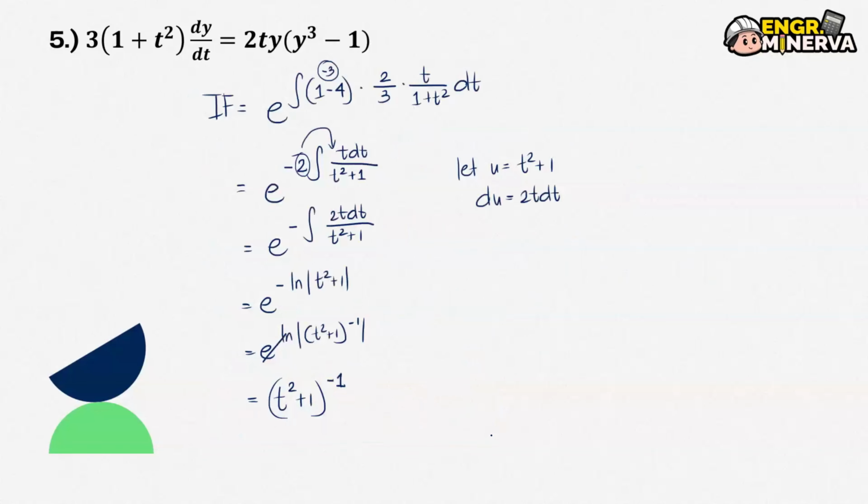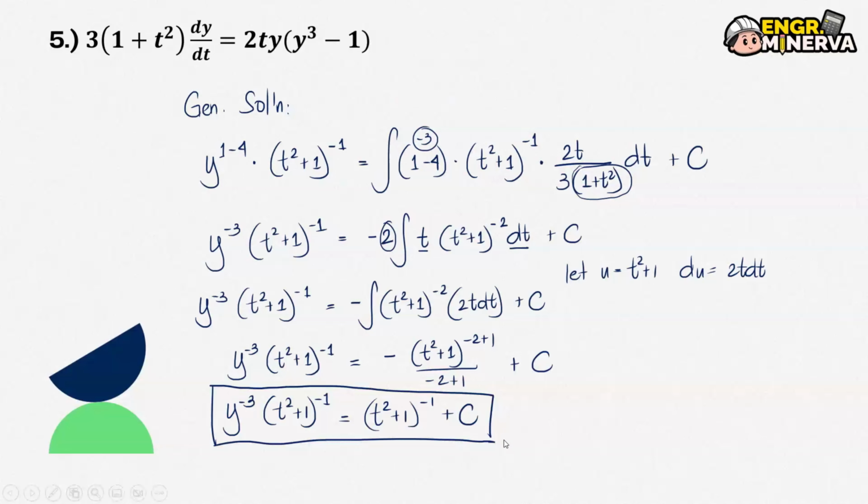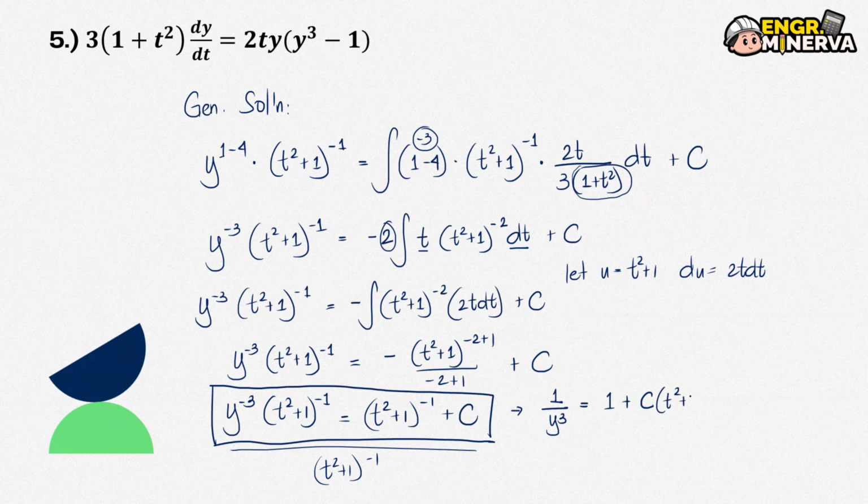Okay. So if we convert this one into your explicit solution, this would be 1 over y cubed equals, so just divide the whole equation by t squared plus 1 raised to negative 1. So this would be 1 plus c times t squared plus 1.